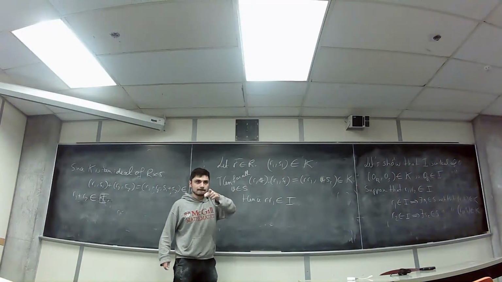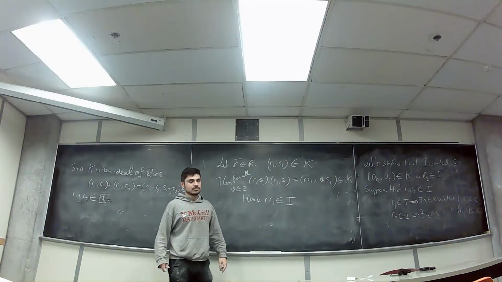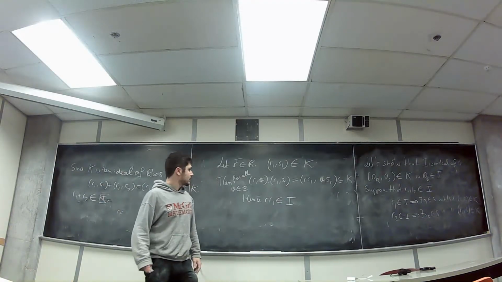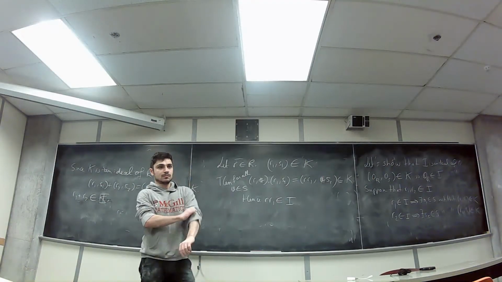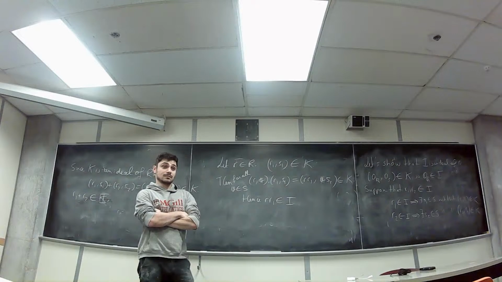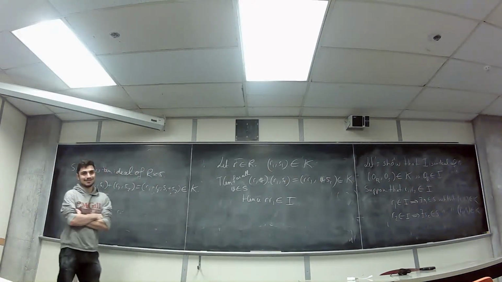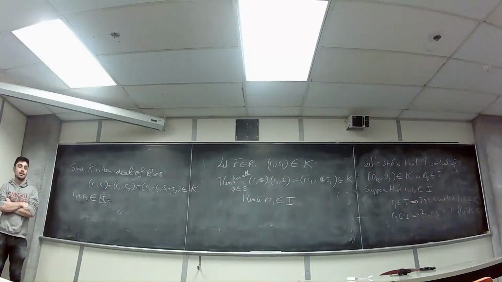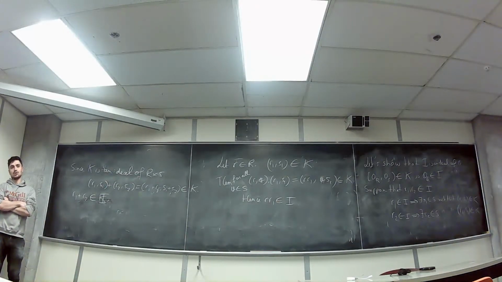Now that we've shown that I and J are ideals of R and S, we still need to show that I cross J is an ideal of R cross S. If you show that K is I cross J, you win immediately.